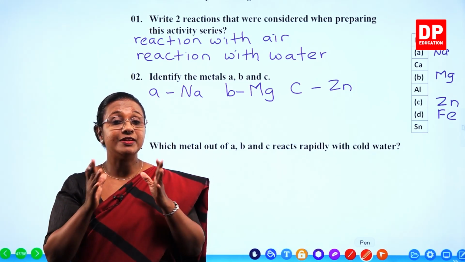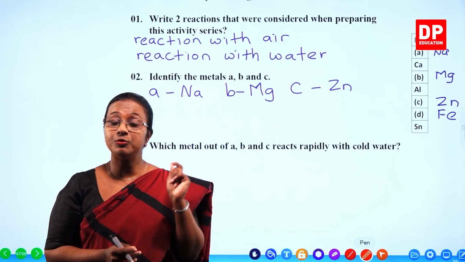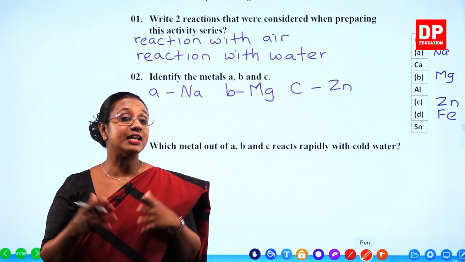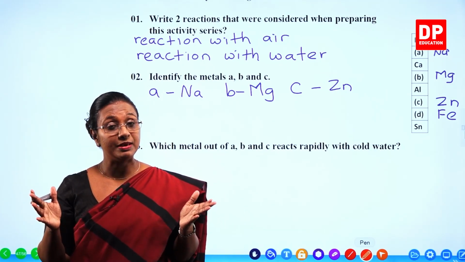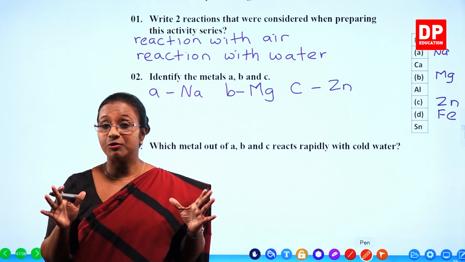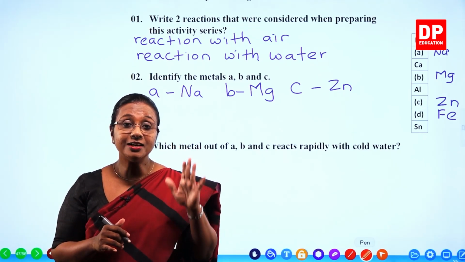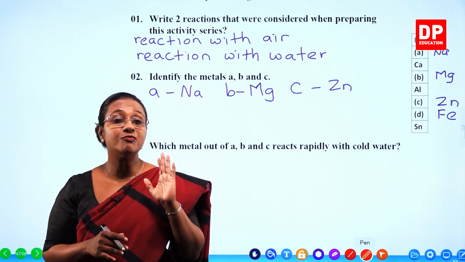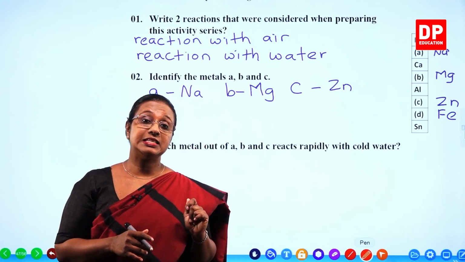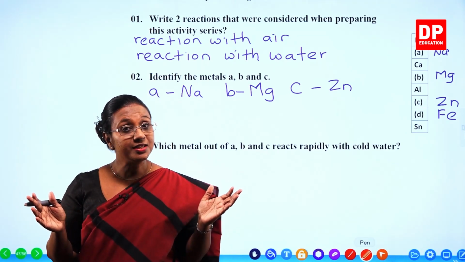That is why if we take a small amount of water and put a large piece of sodium, because the reaction is violent and there is heat evolved, there can be an explosion. So to prevent that, we use a large amount of water. So that is a violent reaction and it is a very fast reaction. Whereas magnesium, does it react?